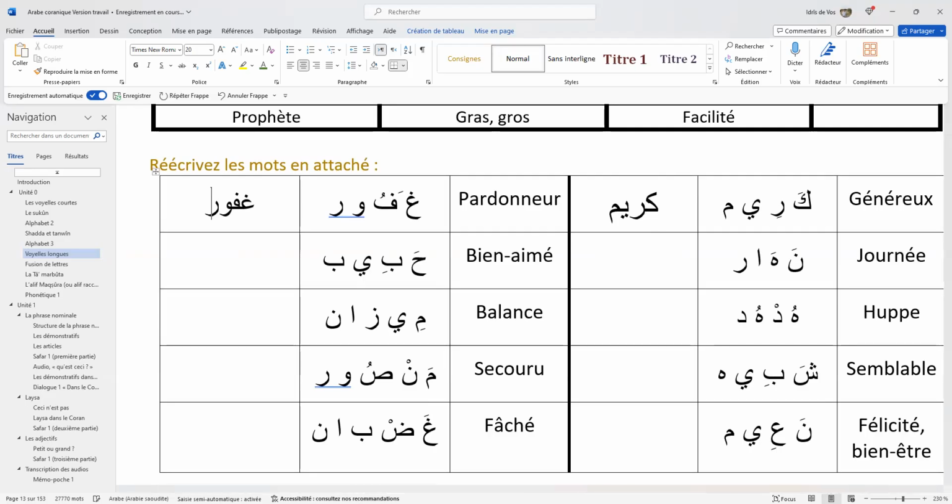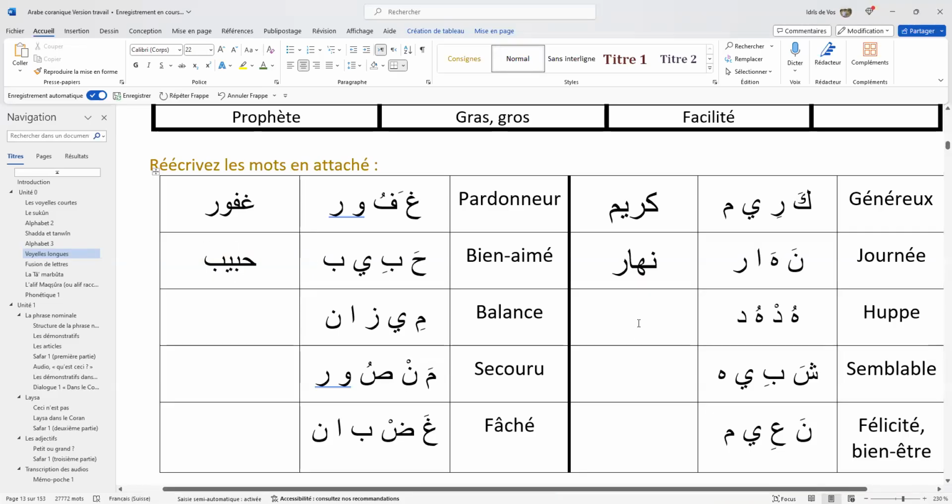Gaffer. This time I'm not putting the vowels in for you, they're there. Be careful not to confuse it with bar with a ha above, without an alif, which means the river. Here it's the... I'm not putting the vowels.